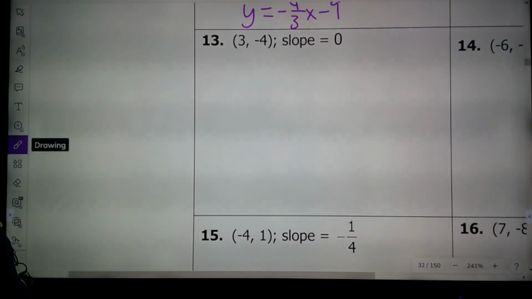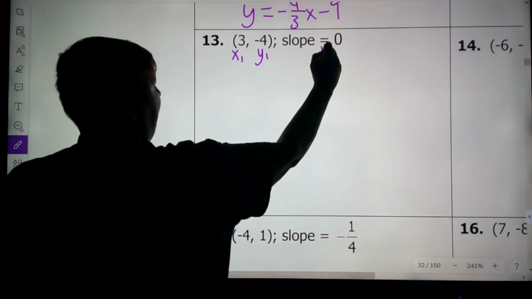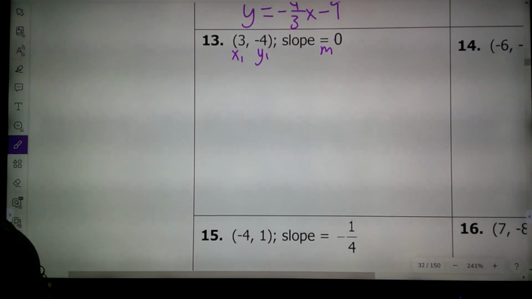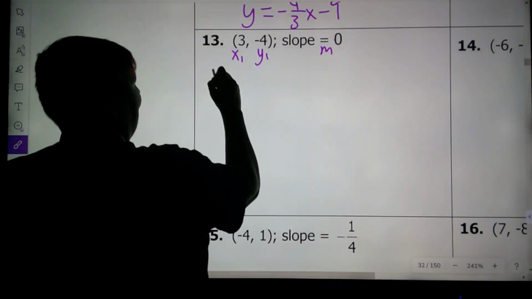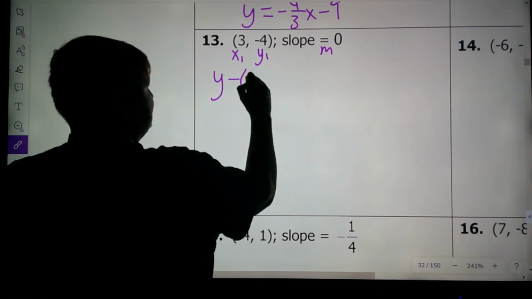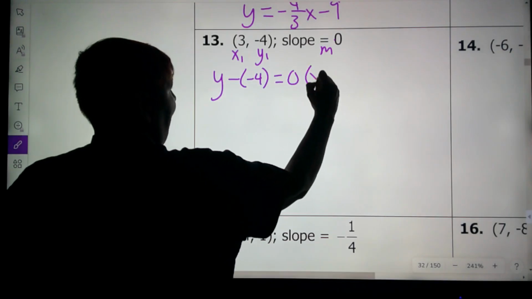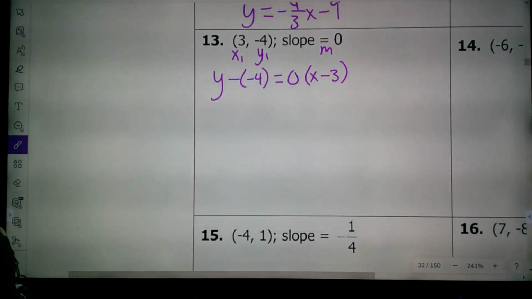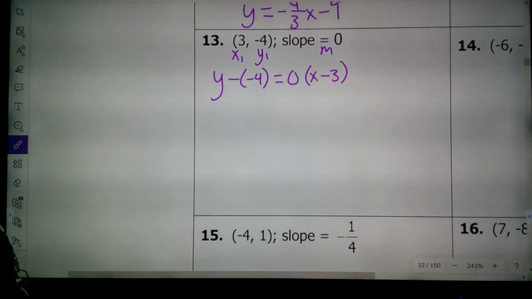I'm not going to write the formula this time. Let's see if we can do it without the formula. x1, y1, m. Oh, that's interesting. I just heard you thinking it. y minus y1 equals m times x minus x1. What do you know about zeros? Anything times 0 is 0.